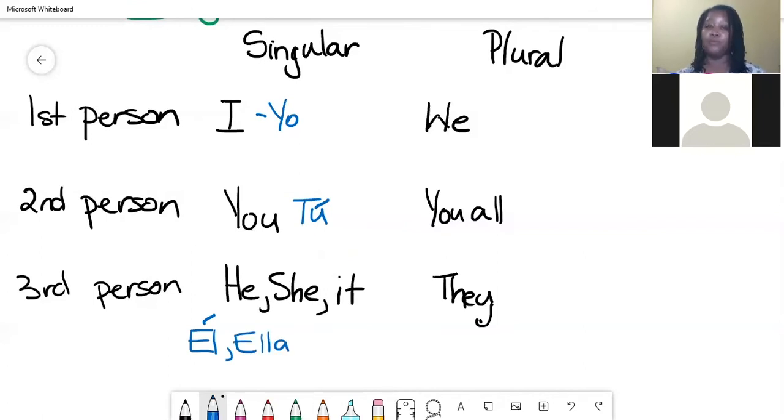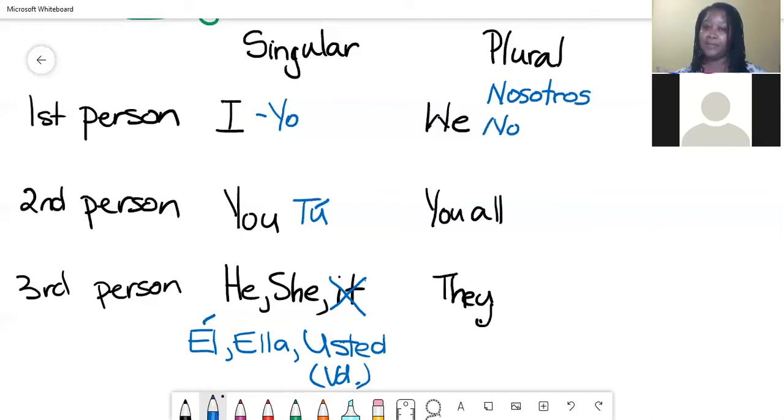Now in Spanish, we don't really have an it form in our third person singular pronoun. What we have is another you, and we're going to be discussing those in a little bit. That other you is called usted, abbreviated Ud. For the we, we have two words, same word, but two different endings: nosotros and nosotras.